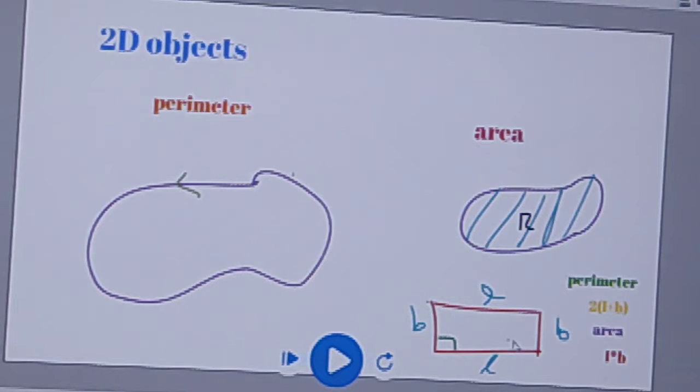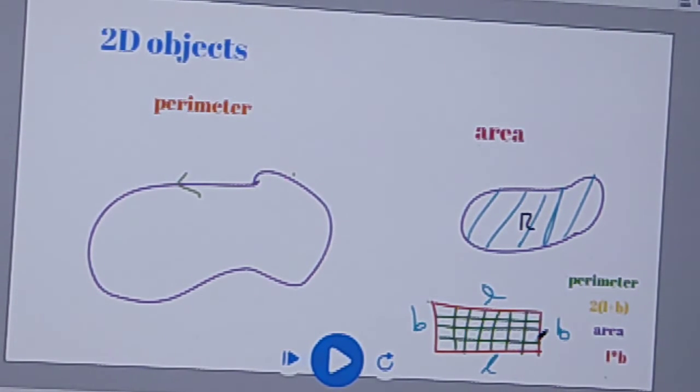Let us observe clearly like this. The region inside the rectangle is divided into 1 unit squares. Each square has a 1 unit length. So how many squares exist along the length? 1, 2, 3, counting horizontally, 4, 5, 6, 7.